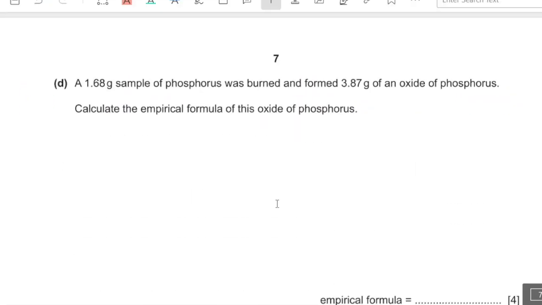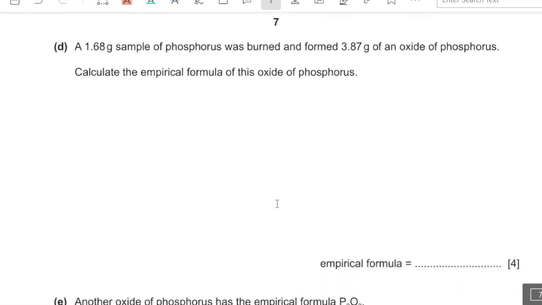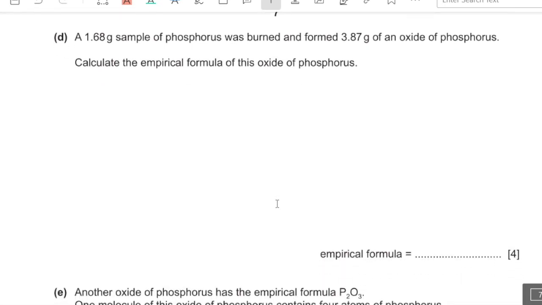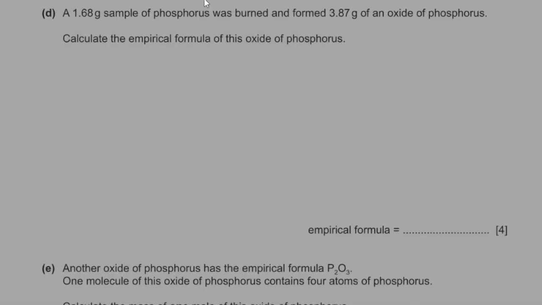A 1.68 gram sample of phosphorus was burned and formed 3.87 gram of an oxide of phosphorus. Calculate the empirical formula of this oxide of phosphorus. To calculate the empirical formula of any compound, you need to have the mass or percentage composition of all of the elements in that compound.